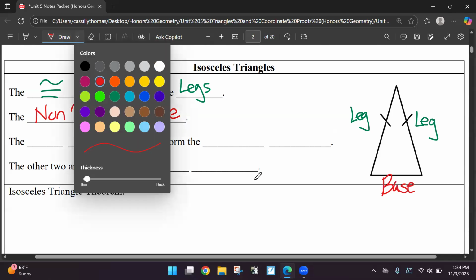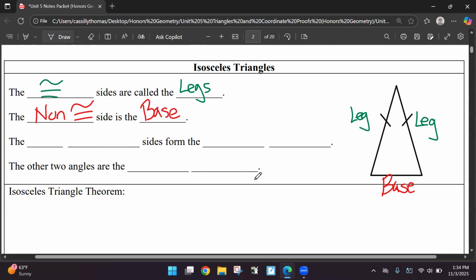All right. What goes in these next two blanks? The blank sides form the, what do I have here? I think I have the two congruent sides. The two congruent sides form the vertex angle. So our two congruent sides are up here.